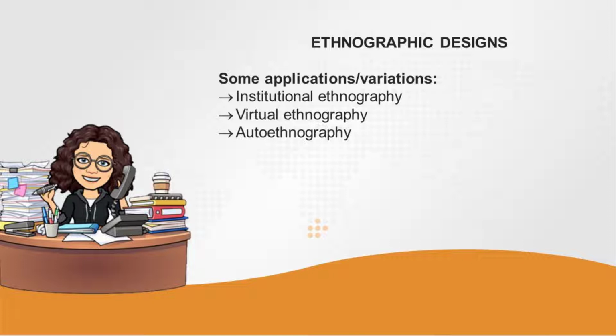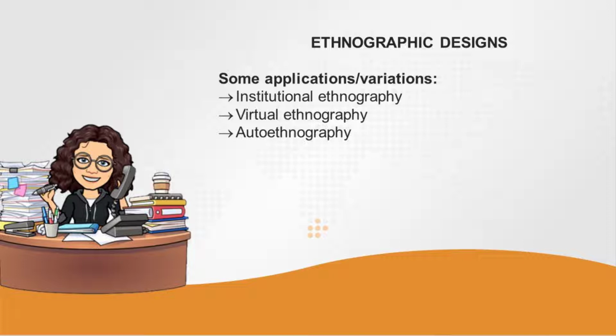Then there's autoethnography. Autoethnography is a mix of ethnographical and autobiographical. So not only is the researcher involved or part of the research as we have in other ethnographic designs, but the researcher becomes the object of the study, in that the research is about the cultural connections between the researcher and a specific social context.